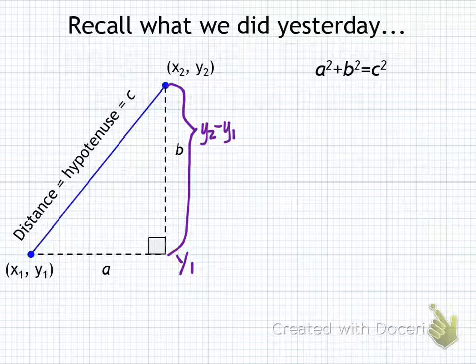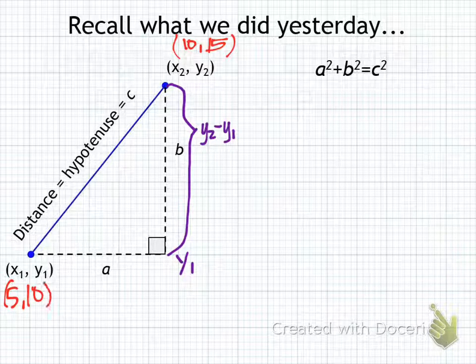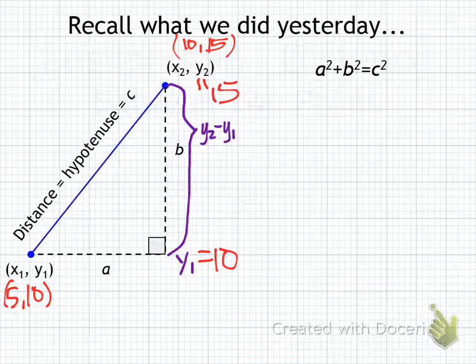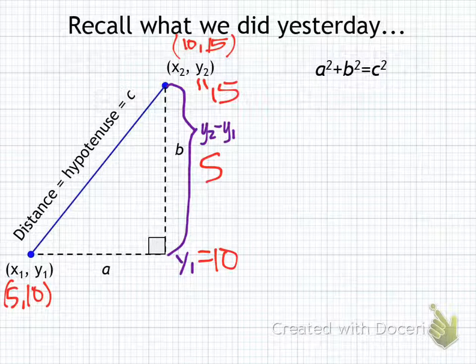So if this point was, say, 10, 15, and I wanted to know the distance between that point and, say, the point 5, 10: if the y-coordinate down here is 10 and the y-coordinate up here is 15, doesn't it make sense that this distance would just be 5? Right? So you're just subtracting.